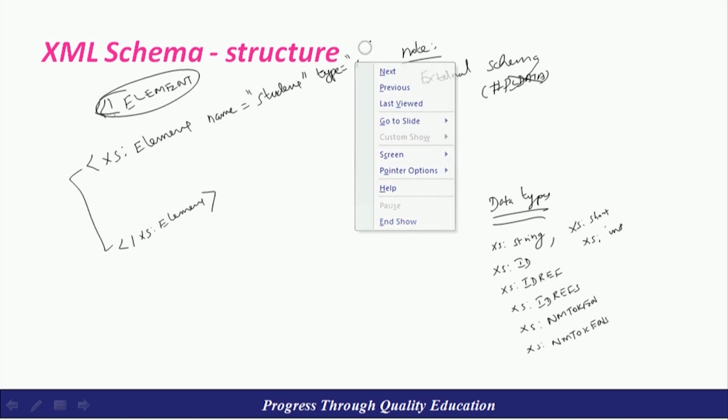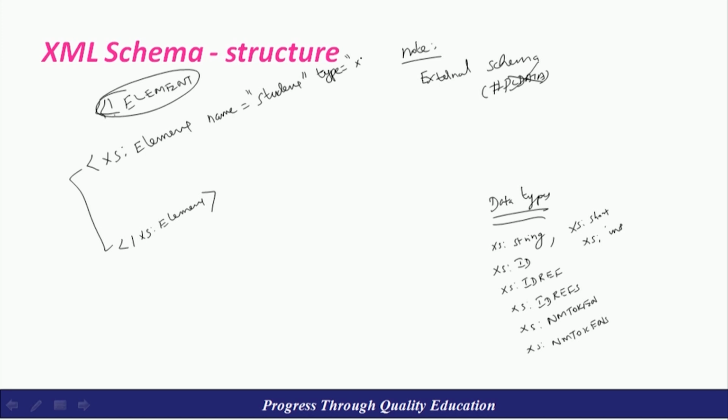Now I am specifying this as XS colon string. I have closed the opening element. If I give like this, the element can have text, that is collections of characters, symbols, lowercase, uppercase, any combinations of alphabets as well as numeric values along with symbols also allowed.